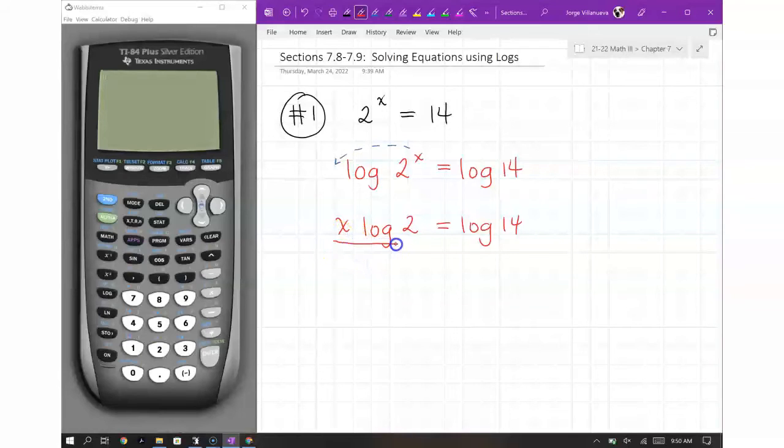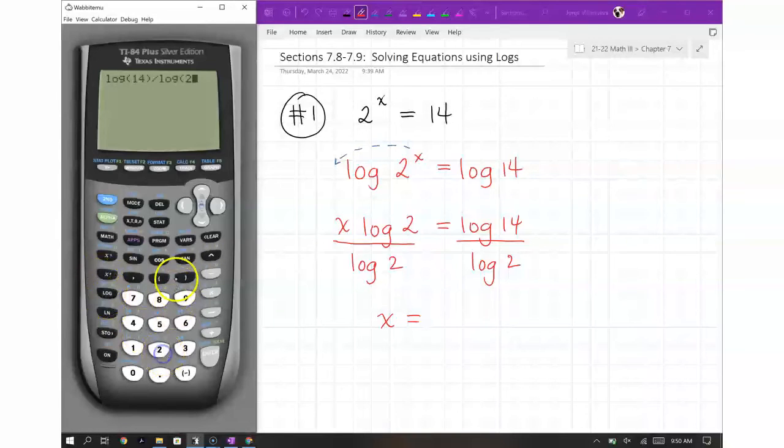Since I'm doing multiplication, I'm going to divide it. So x is whatever log of 14 divided by log of 2 is. So I'm just going to do that on my calculator. Log of 14 divided by log of 2. My answer comes out to 3.807. And I'm done. That's my solution to this problem.